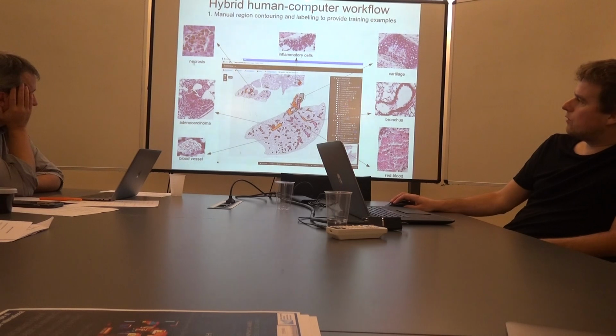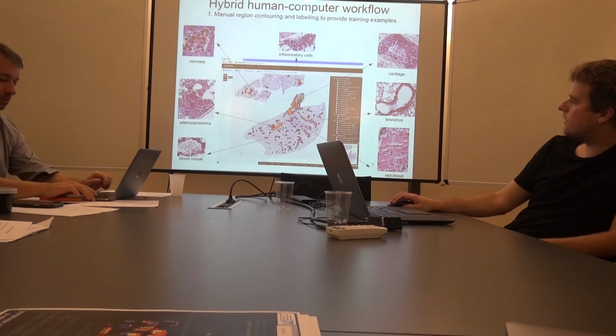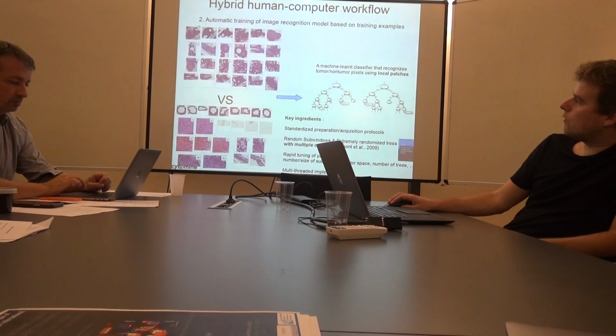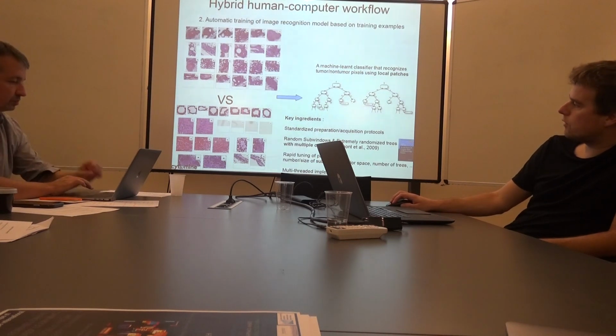And so these images contain a lot of variable tissue like necrosis, inflammatory cells, etc. And so the idea was to ask them to annotate positive examples of adenocarcinoma, but also many negative examples. So what we got are training samples of tumors and training examples of non-tumors.